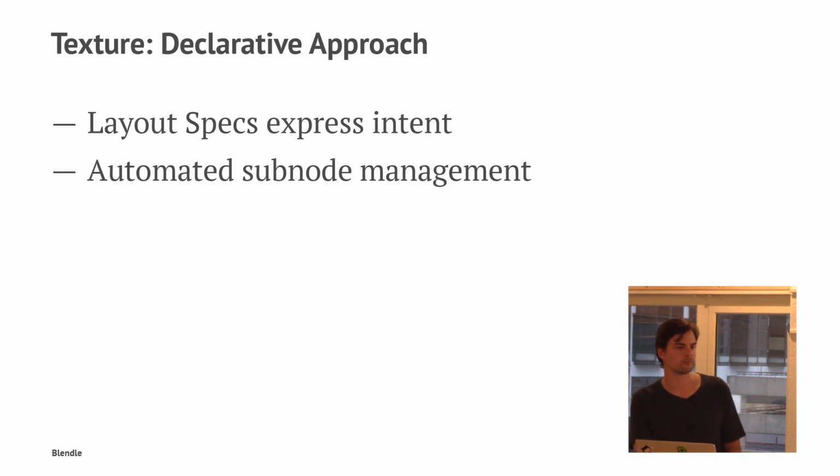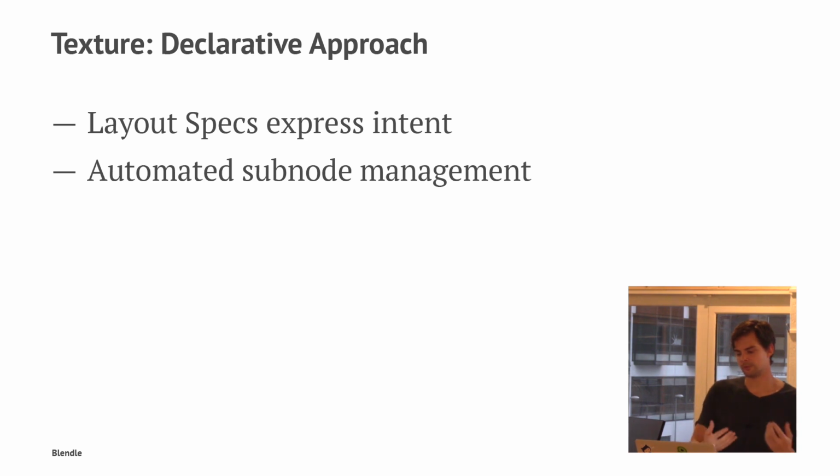The declarative way is preferred, but AsyncDisplayKit doesn't force you to use it. It still allows you to define things in an imperative way if you want that. The philosophy of Texture is that you can do it in a declarative way, but it won't hide the imperative way. So the declarative way is preferred because you can express your intent and they can derive it.